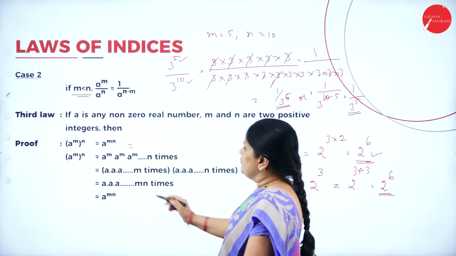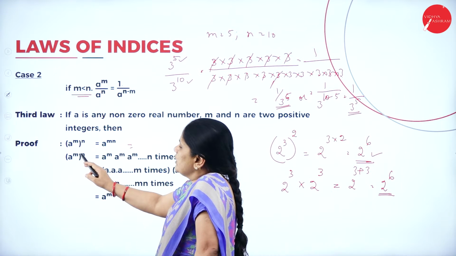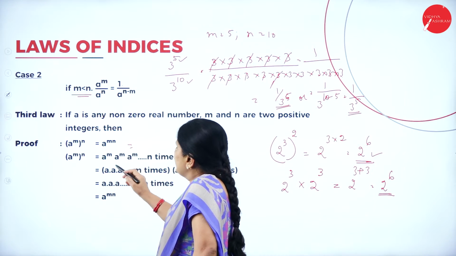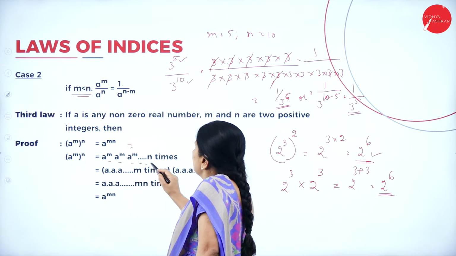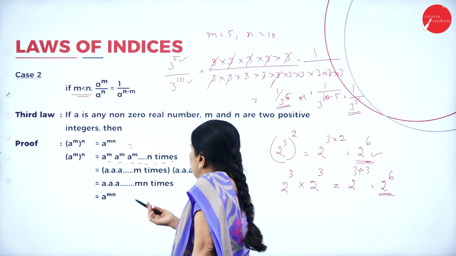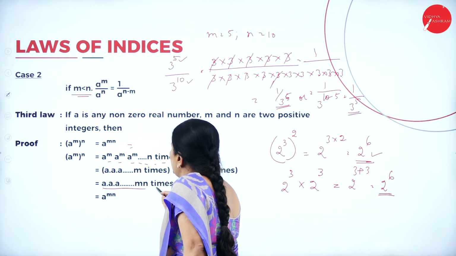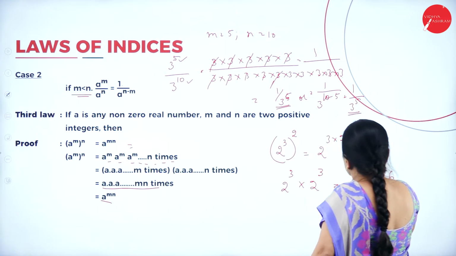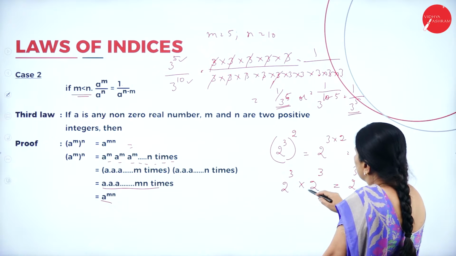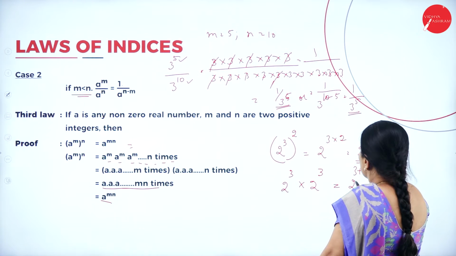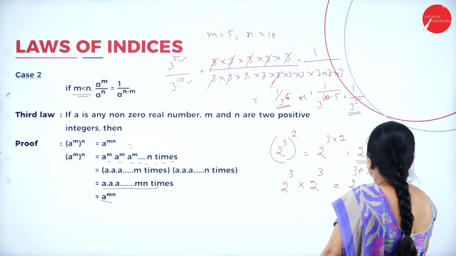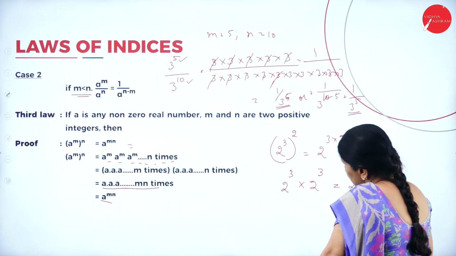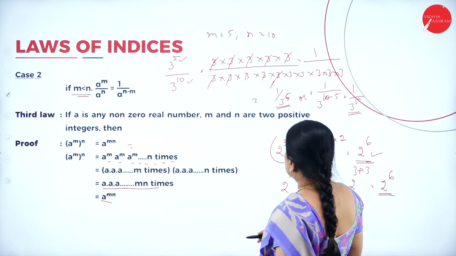So if you are writing a to the power of m whole to the power of n, a to the power of m you will be multiplying n number of times. So you will get a to the power of mn, so m into n. So it will be 2 cube into 2 cube, so 2 to the power of 3 plus 3, or 2 to the power 6. So this is the third law.